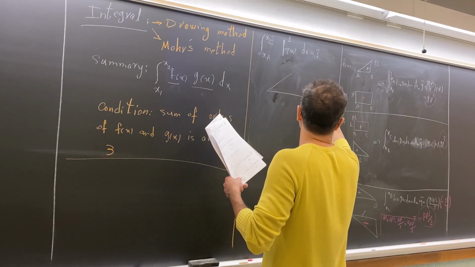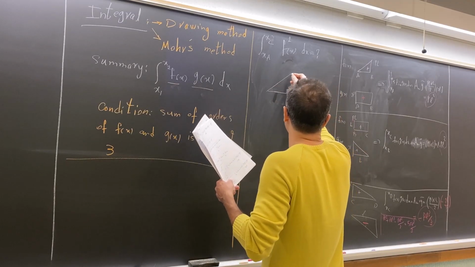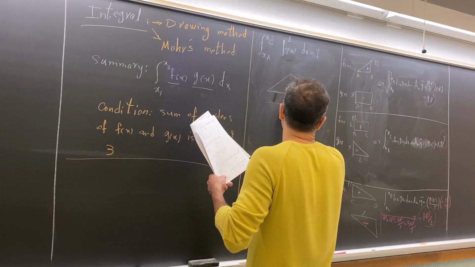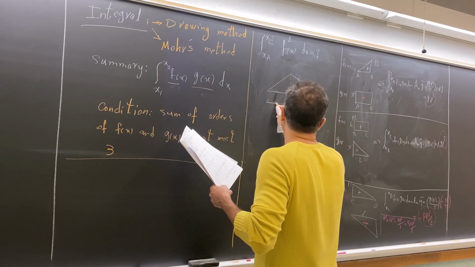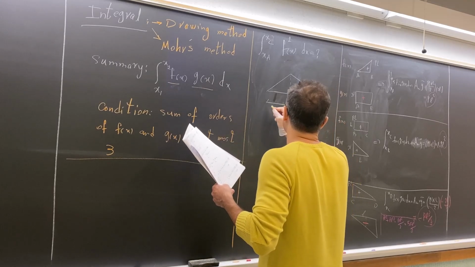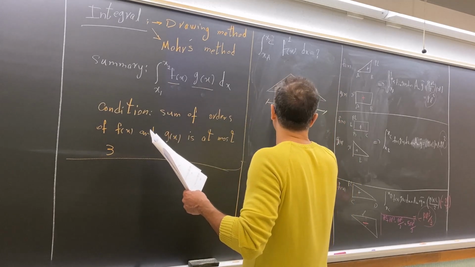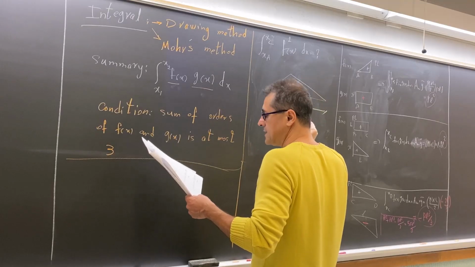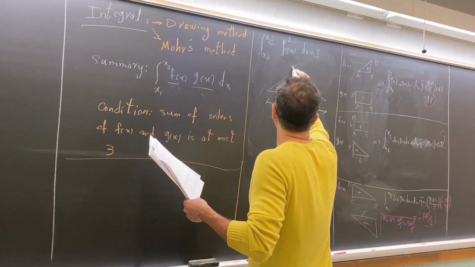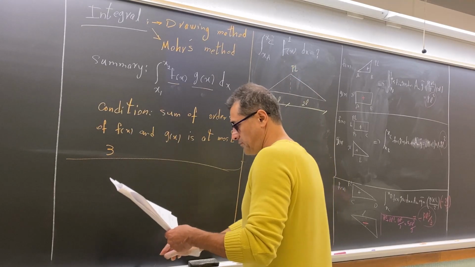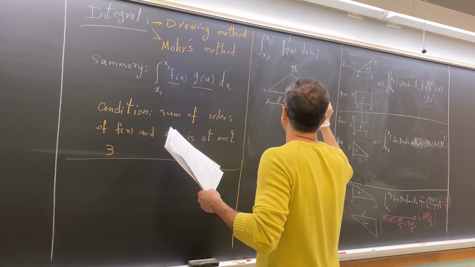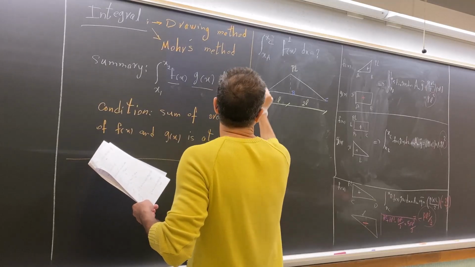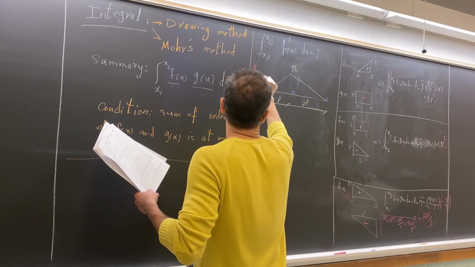This is L, this is 2L, this is PL, and these are points A, B, and C. And basically this is the function Fx.